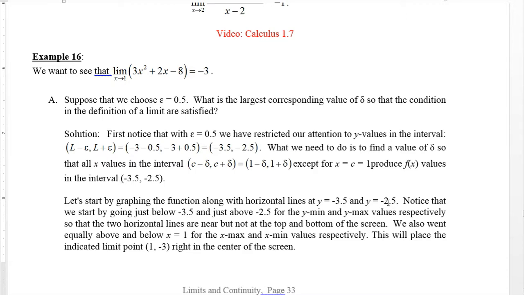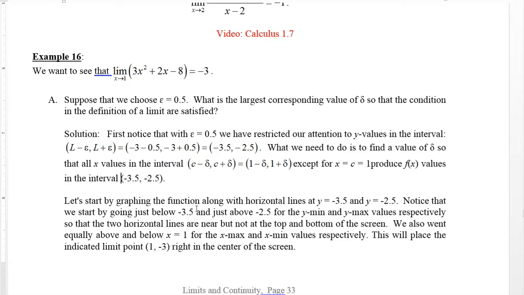So we could let y minimum be negative 4, and then maybe negative 2 for y max. With a window like that, graph them, and then use your calculator to calculate those points of intersection. See if you can do that much by yourself, then come back when you're done and check your answers. So press pause now, and then come back later.